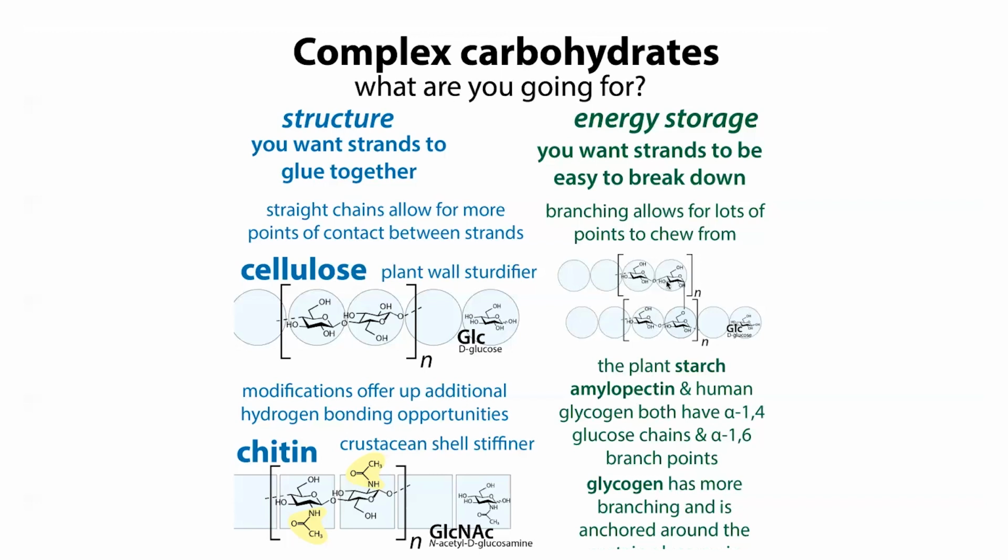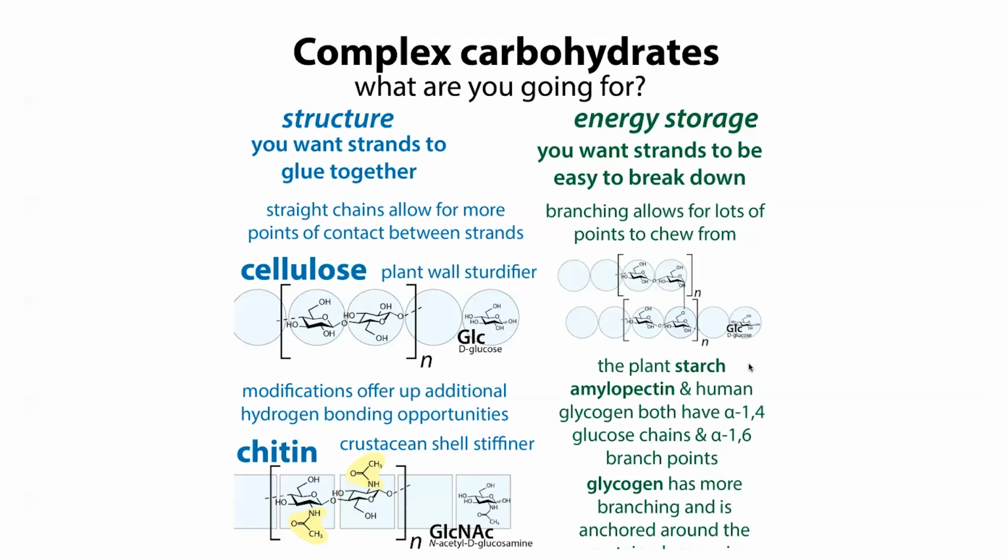Basically, when you have an energy storage form, you're going to want it to be really branched, because this gives you a lot of points to start chewing from. If you only have a couple ends, then you only have a couple spots to start chewing off from. But if you have a lot of branches, there are a lot of places where you can chew down in order to get energy really quickly from it.